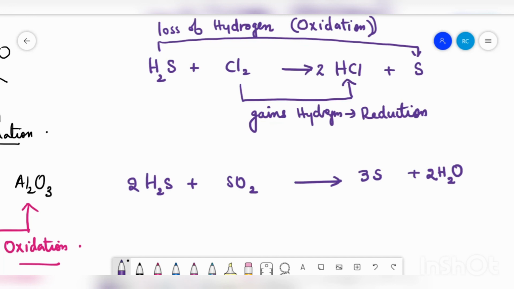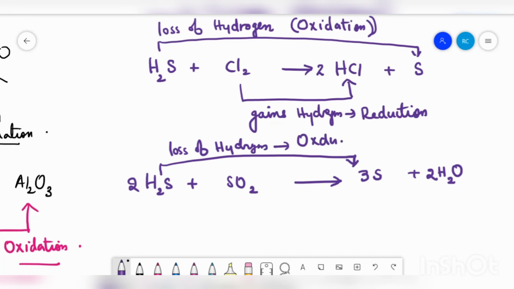In this reaction, you need to check where is loss of hydrogen and where is loss of oxygen. Loss of hydrogen takes place at the first one. So H2S is actually converting to sulfur. So this is loss of hydrogen. So this reaction is oxidation.